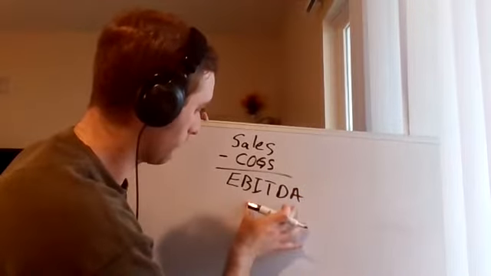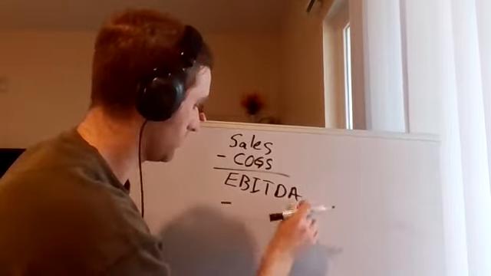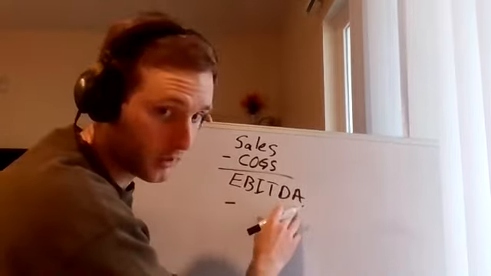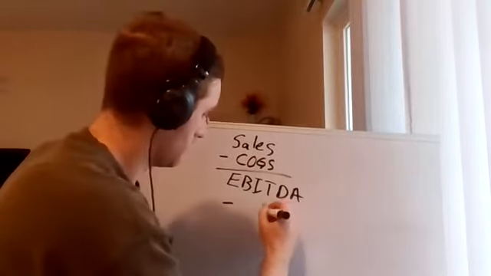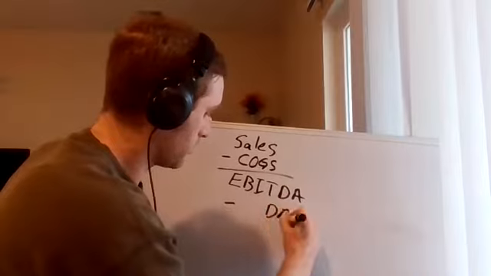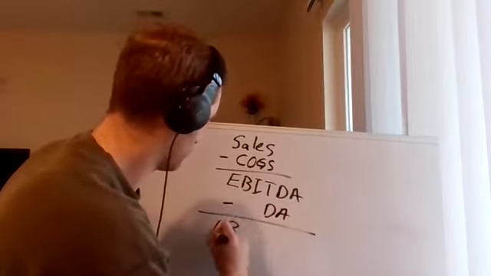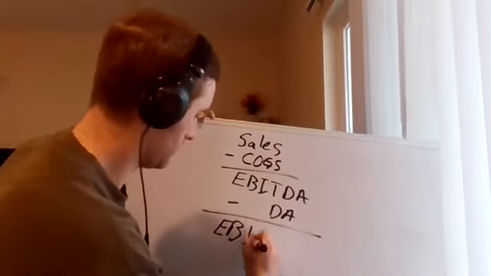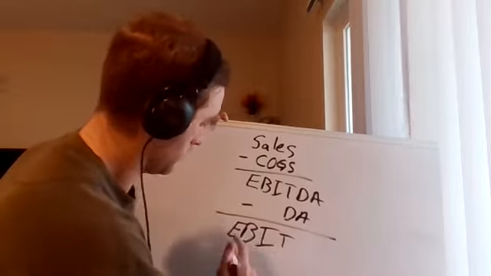Okay. From here, what we would do is subtract depreciation. We haven't talked about amortization in this course, and I pray we don't, so we're going to ignore it. And we would subtract the DA. This is where we get earnings before interest and tax, right?